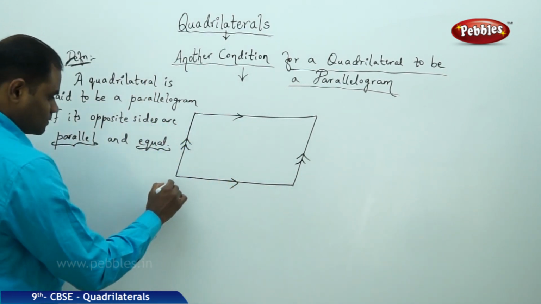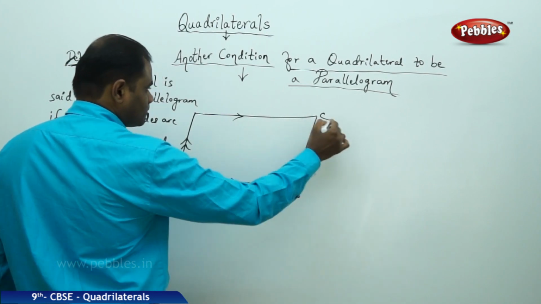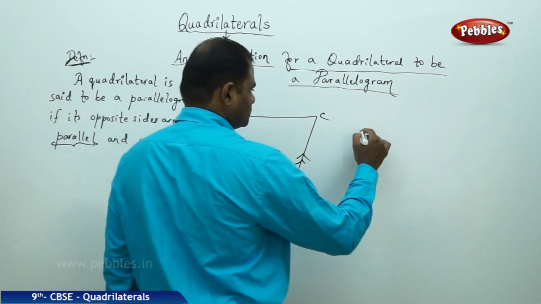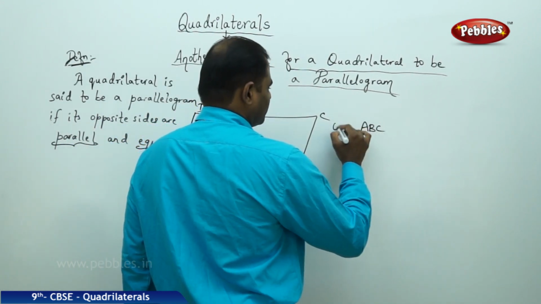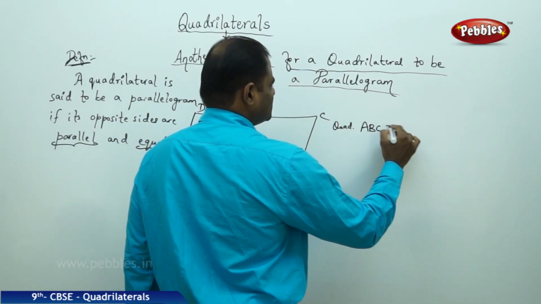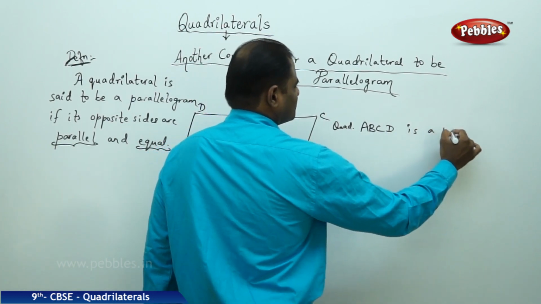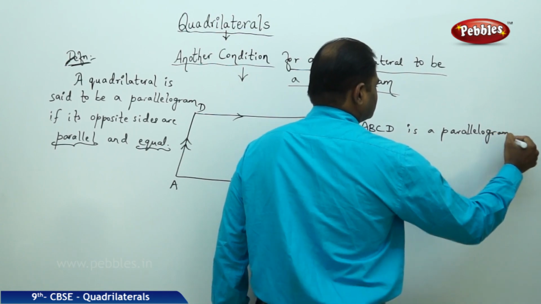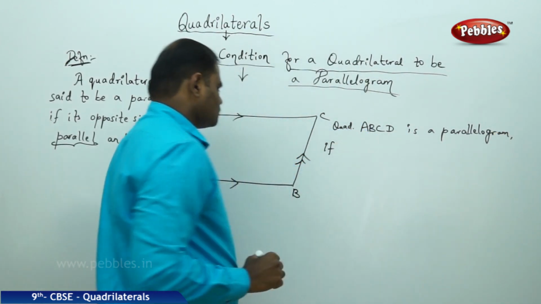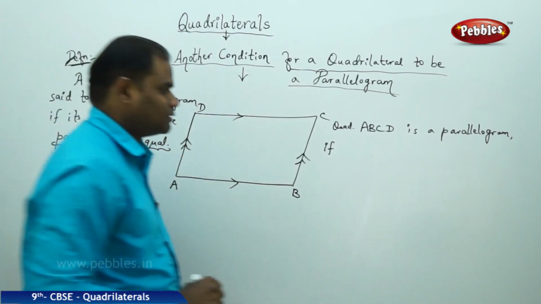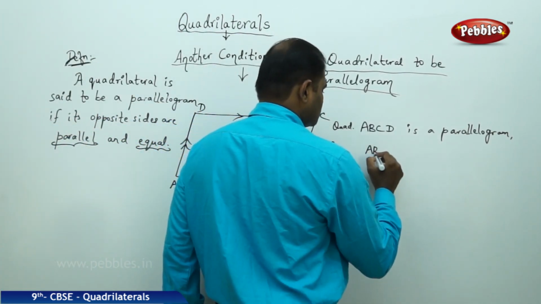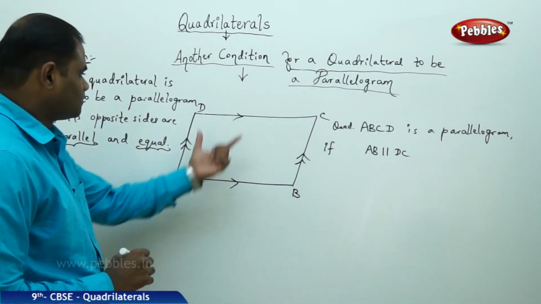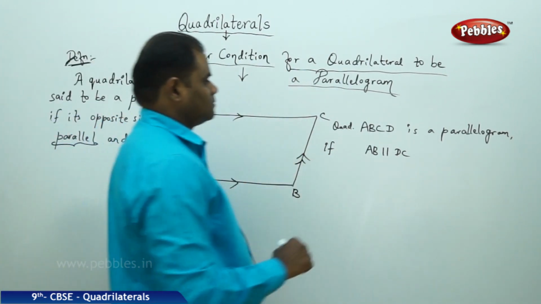So quadrilateral ABCD is a parallelogram if AB is parallel to DC, and AD parallel to BC.